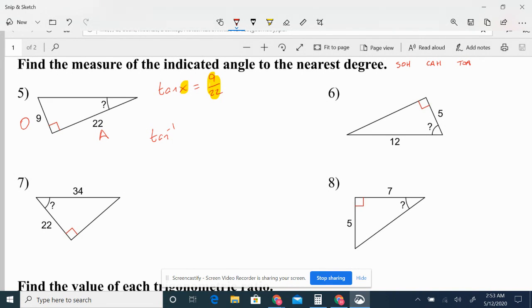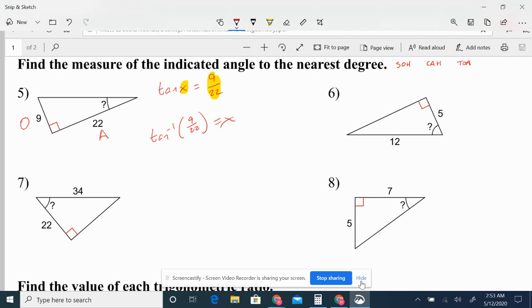Later on, you're going to meet some people who even call it arctan. It's just how you want to call it. So tangent inverse or arctangent. Most people call it inverse. So tan inverse of 9 over 22 is equal to x. Once again, the x and the fraction were able to switch places, but from tangent, it became tangent inverse.